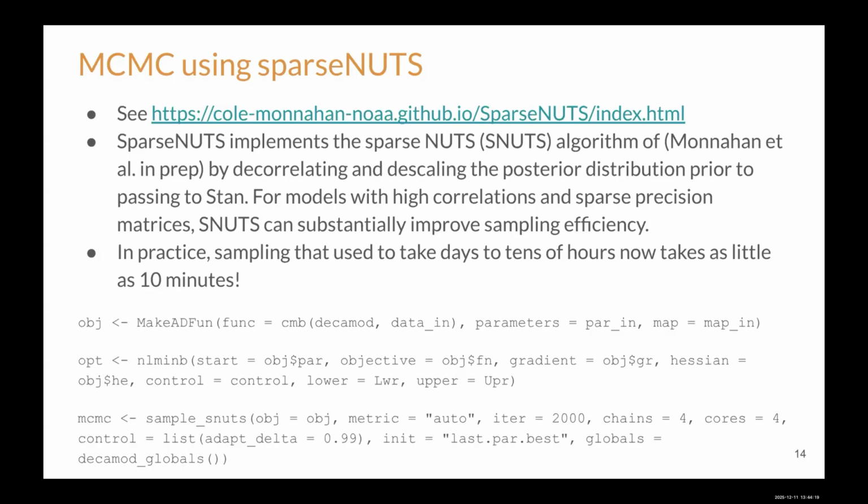So, in lobster, we had models that were taking days when we did it back in ADMB, and then tens of hours using Stan, and now we can get MCMCs fully mixed and ready to use within 10, 15 minutes sometimes. And that's been our experience with the simpler age structured model, and for SBT as well. It's just really sped that whole process up for us, which is pretty handy in terms of workflow.